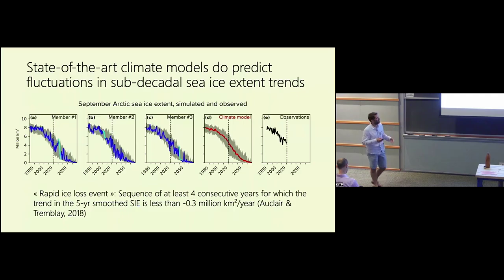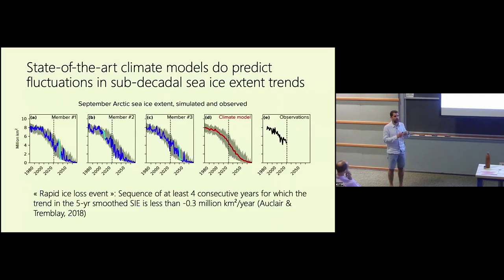And so these are events that are present in many climate models, many CMIP5, CMIP6 climate models. And obviously these are events that you don't see in ensemble means or in multimodel ensemble means, because you have by definition averaged out all the variability. And so the motivation for studying these RILEs is that in observations, we seem to be in a period where sea ice extent has declined very slowly over the past 10 years or so.